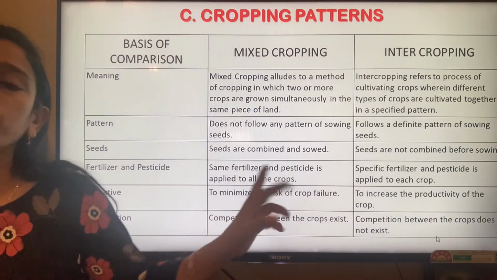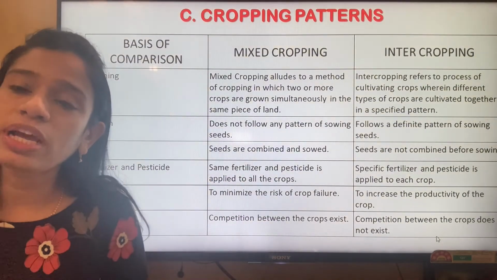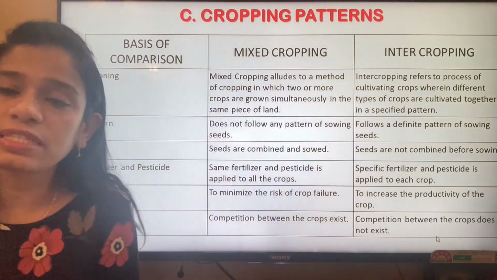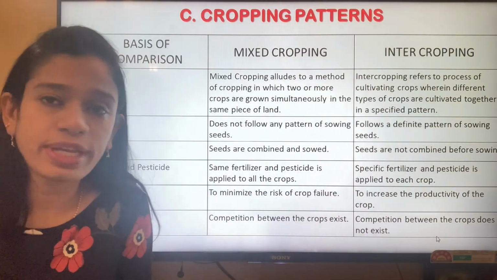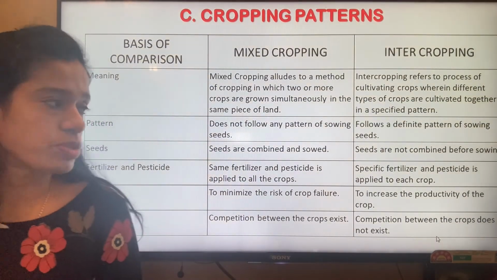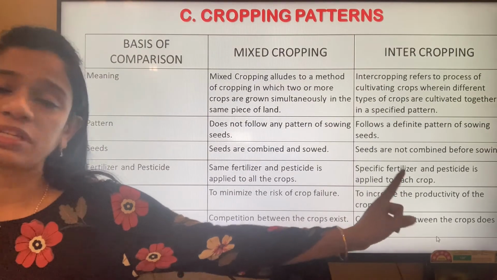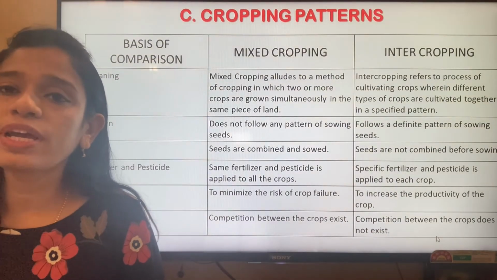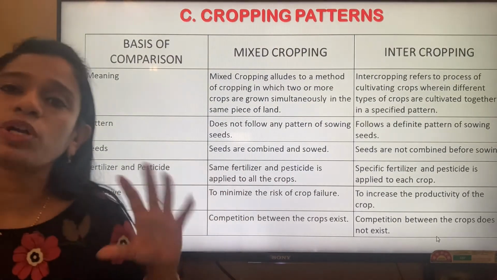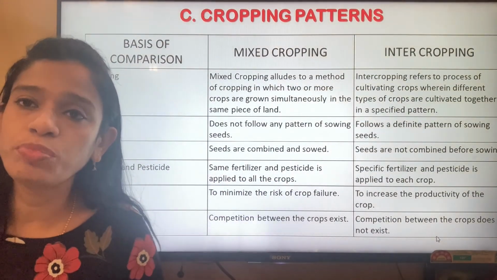The seeds are combined and sown. So the seeds are all combined together and then they are sown. Here in intercropping, seeds are not combined. The seeds are kept separate and even the sowing is separate. In mixed cropping, the same fertilizer and pesticides are applied to all of the crops, because all the crop seeds are mixed together and put into the land.